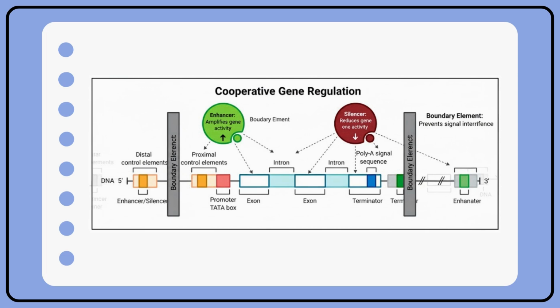So, this precise coordination is the basis for the activity of cells and their ability to respond to environmental changes. But gene regulation doesn't stop just at the first level, which is transcription.